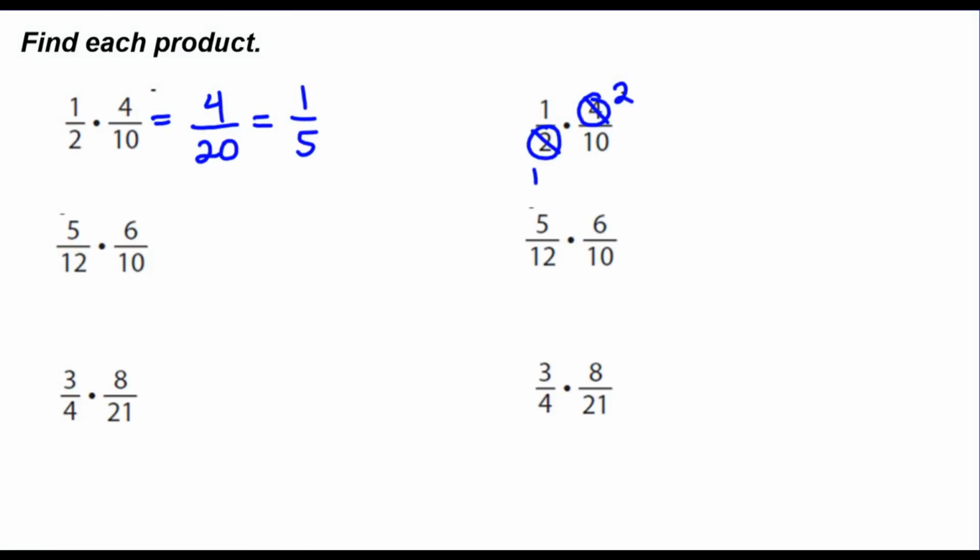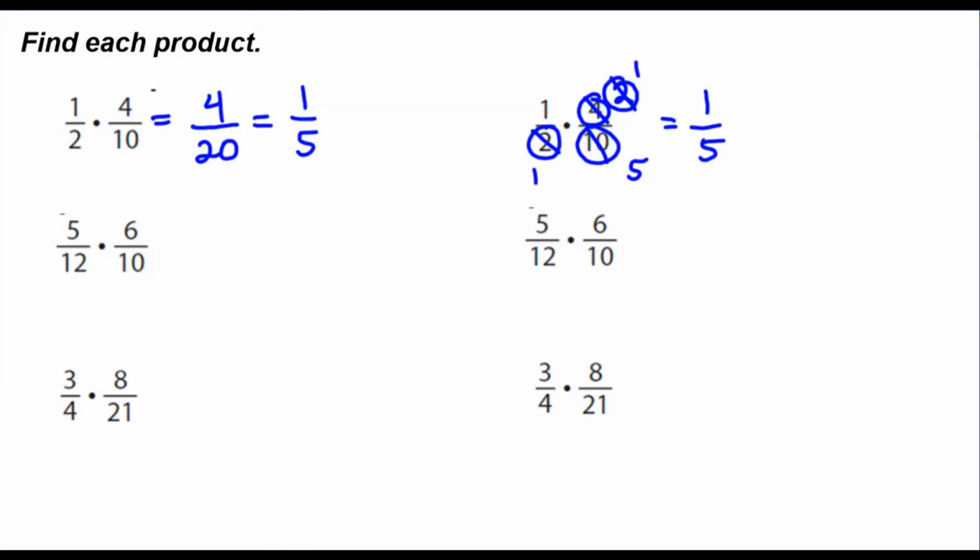And I also notice that this 2 and this 10 also have a common factor. So I can simplify that 2/10 to 1/5, and now I multiply 1 times 1 and 1 times 5, and I get my 1/5. So multiply, then simplify, or simplify, then multiply. You can actually do it either way.